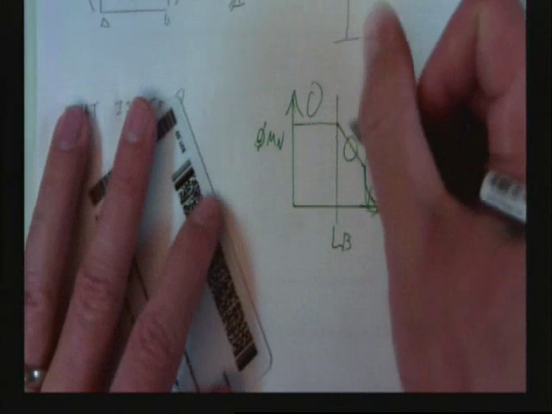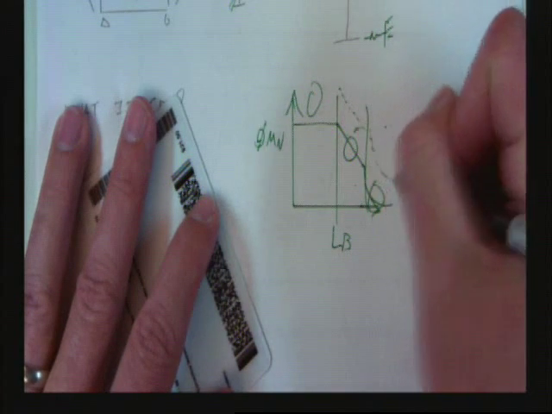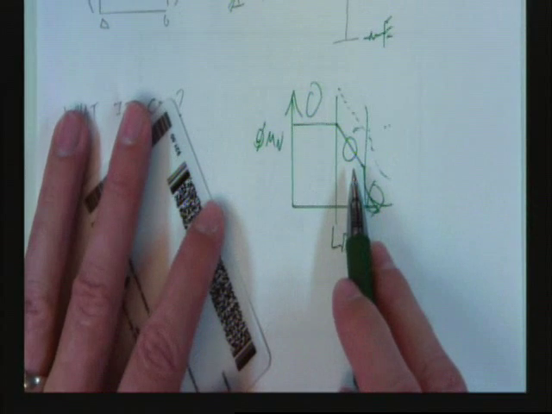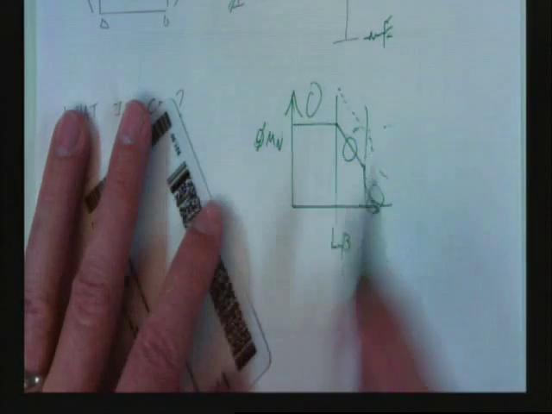So what the C_b factor does is take into account that, in fact, we have a non-linear moment diagram along the length of our cross-section.